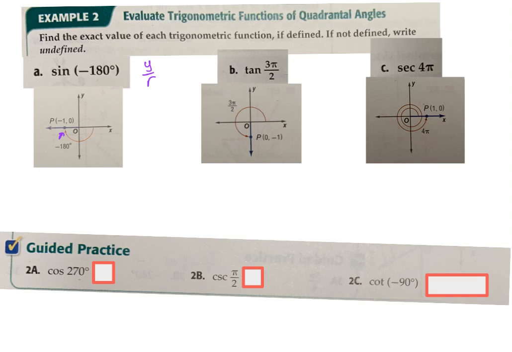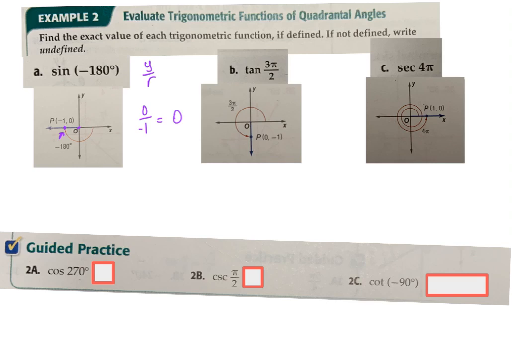What's my y value right here? They tell me. What is my y value? 0. What is my radius? It's negative 1 because it fell on this point right here. So that's the distance from my center. So 0 over negative 1, my sine here is 0.